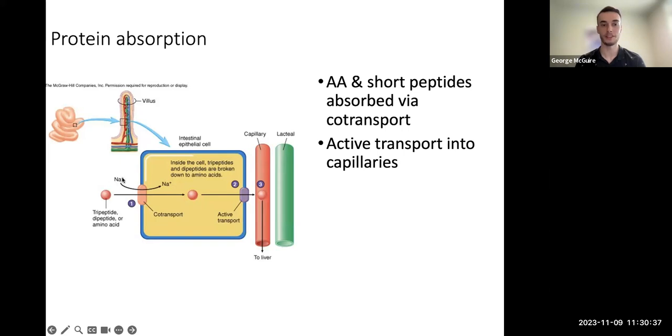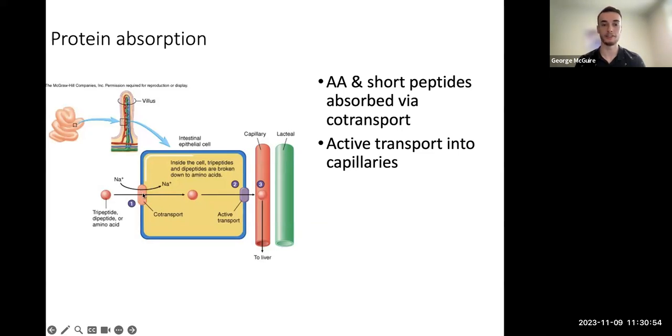So sodium is going to be traveling with its concentration gradient. It will naturally want to diffuse into the cell. As it moves through this protein, that generates enough energy for the protein to also bring in some of these small amino acids and tripeptides and dipeptides.